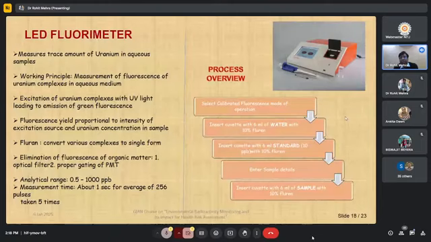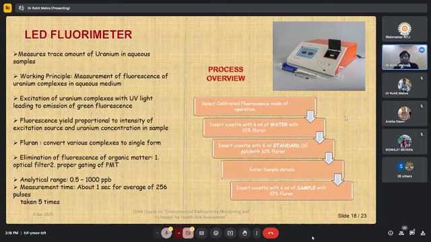Similarly, this is the working principle of the LED fluorimeter, which has been given to you. Of course, we will plan some workshop also during the final day. We will show you some live demonstrations of the processes where you could have an idea of how we are going to measure it.